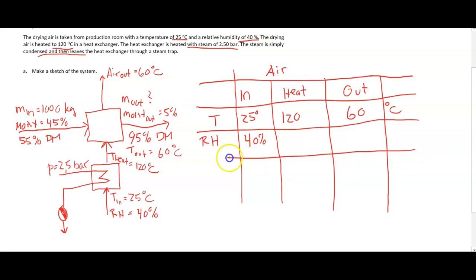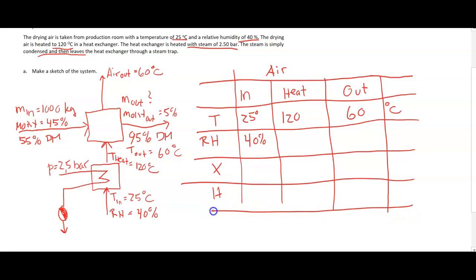And in the molecular diagram, we can calculate the rest. We can also, from the molecular diagram, read the absolute water content in the air and the enthalpy of the air and the wet temperature.